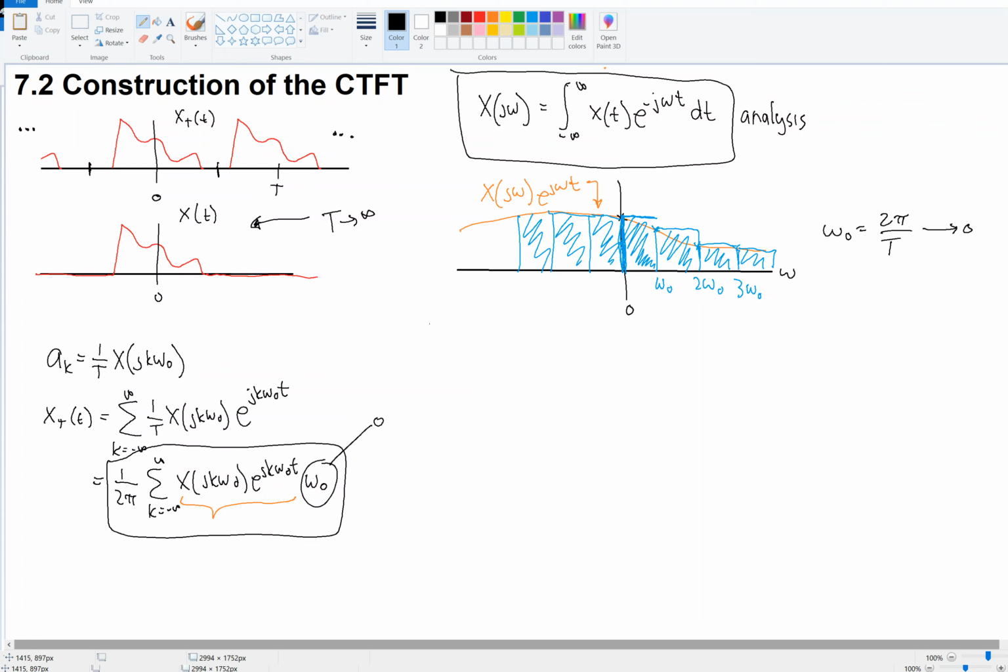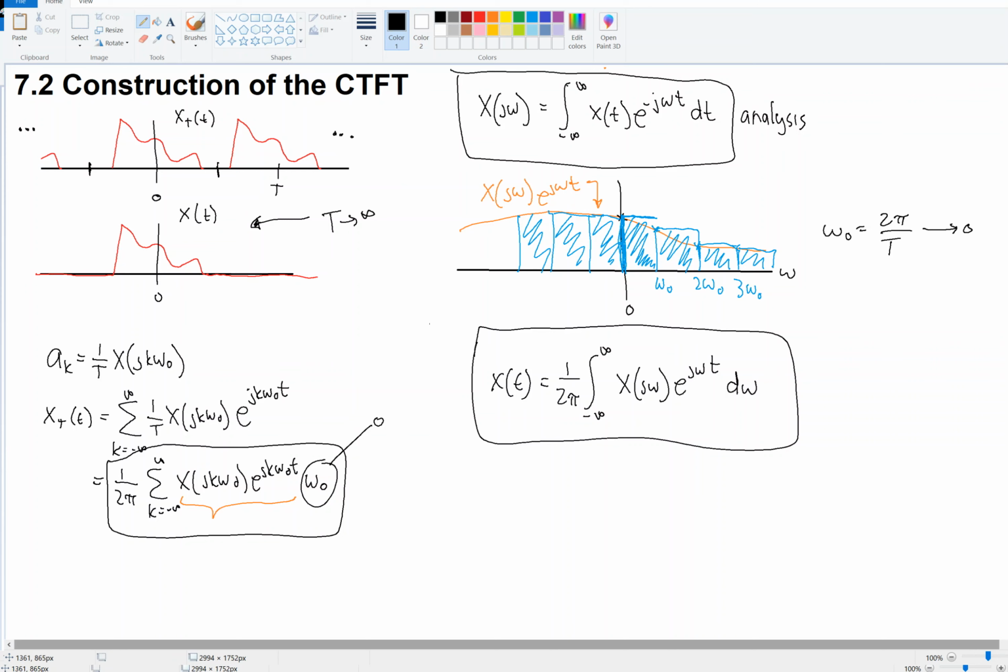So now, here's where the magic happens. If I take the limit of this equation as T goes to infinity, x sub T approaches x of t. So on the left of that equation, I have x of t. And then on the right of that equation, I have 1 over 2 pi times an integral from minus infinity to infinity of x of j omega e to the j omega t, and then omega 0 becomes d omega, a small change in omega, and that's amazing.